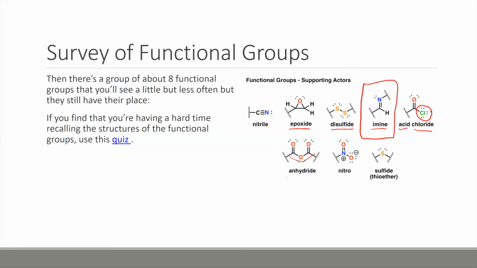So don't confuse this with an ester, which, remember, looks like this. To be an ester, you have to have another carbon here. But if this carbon is another carbonyl instead, we call that an anhydride.